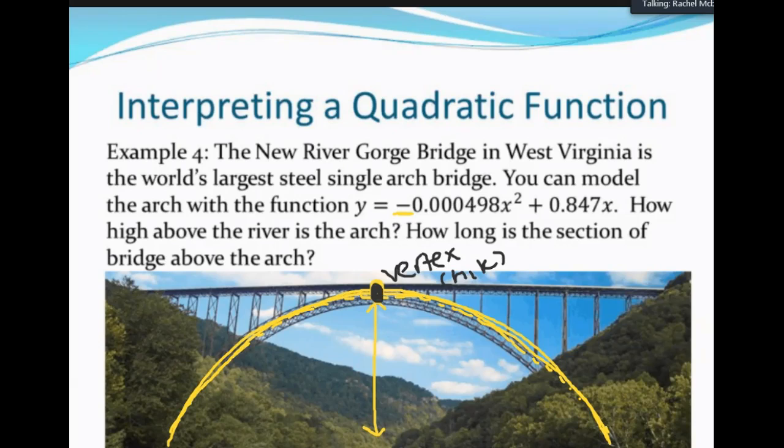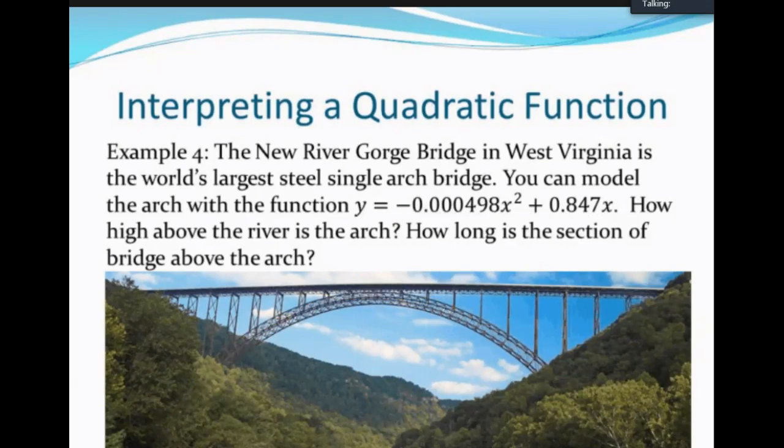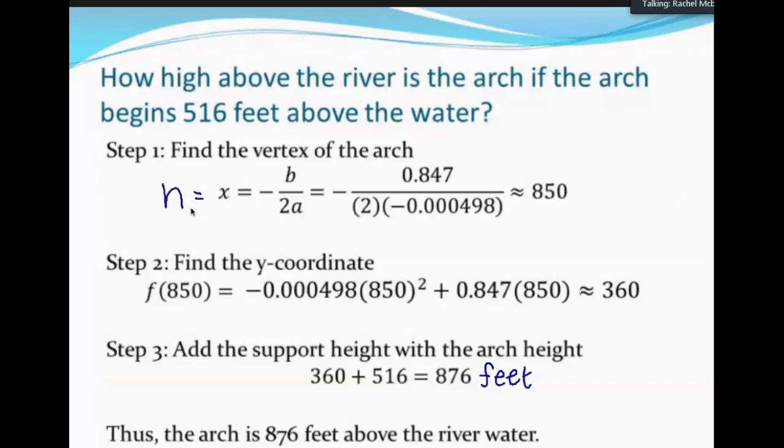This equation here is in standard form. So what we're going to do is take that equation and find h and k just like we've been doing. So the h value is negative b divided by 2a.